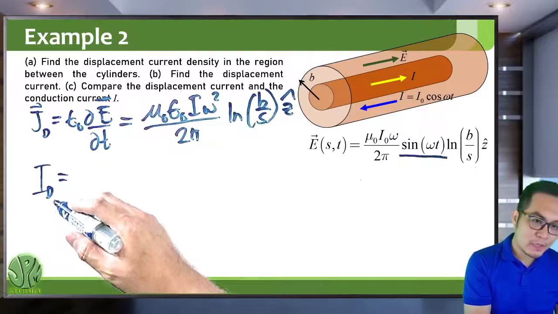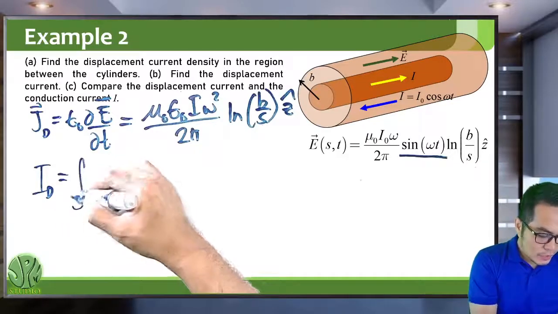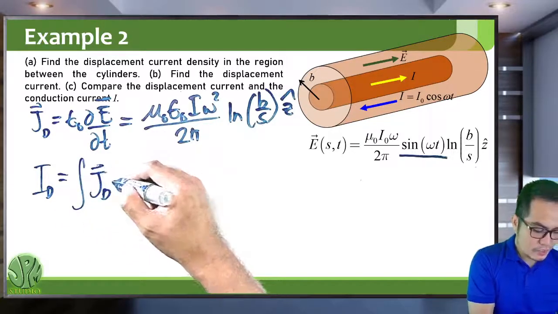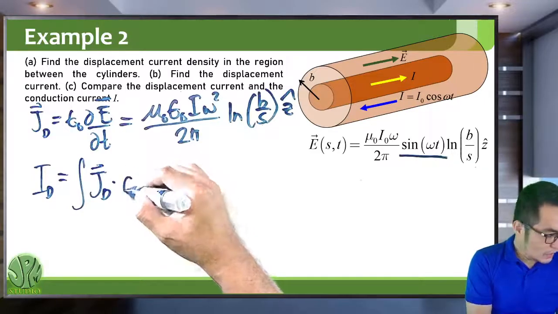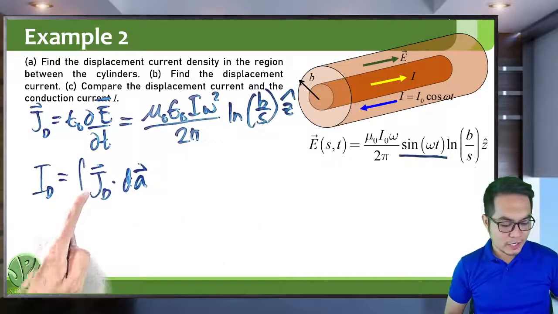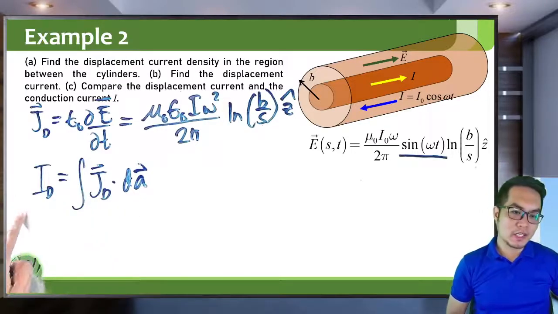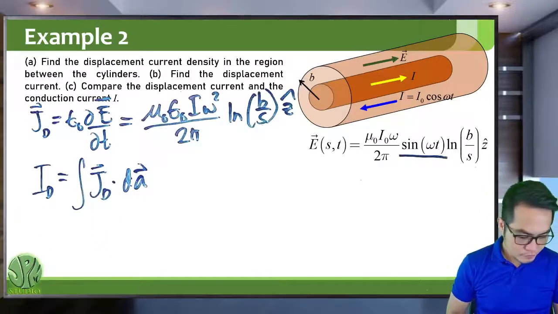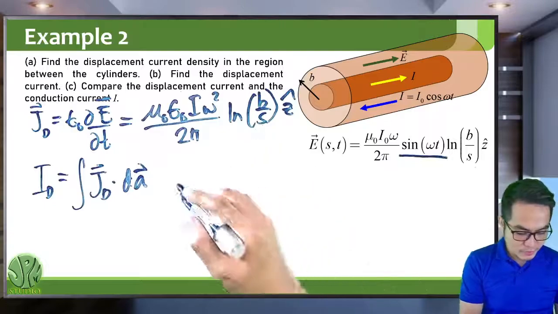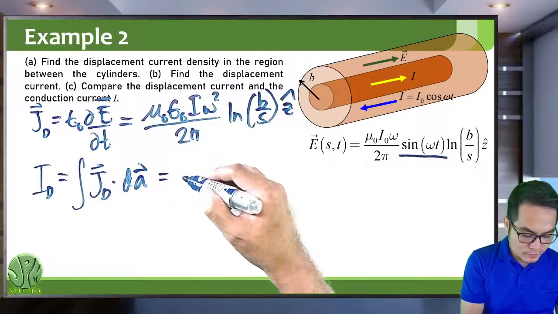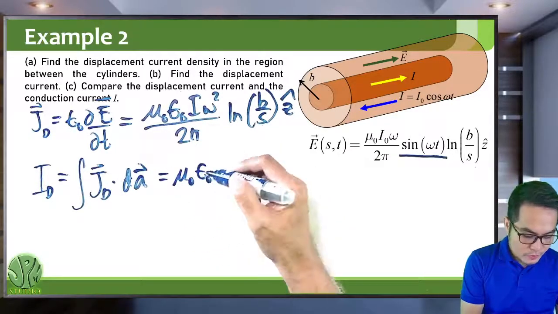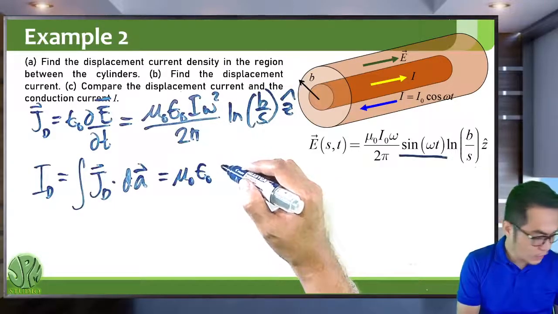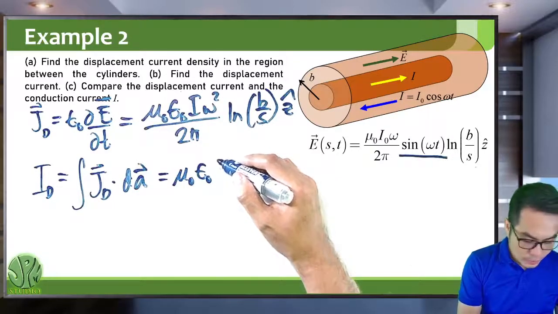So therefore, displacement current is just the integral of J_D, the displacement current density, times the area. Current per unit area times area gives you the displacement current. So we need to integrate this one. You will have mu naught epsilon naught I omega squared.